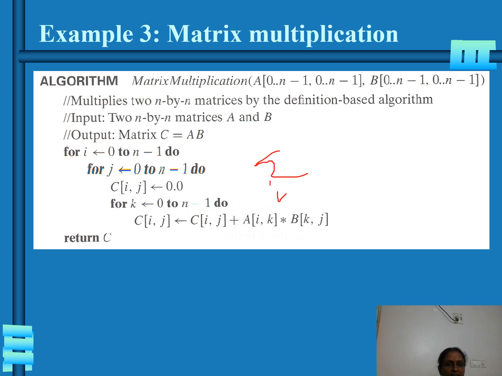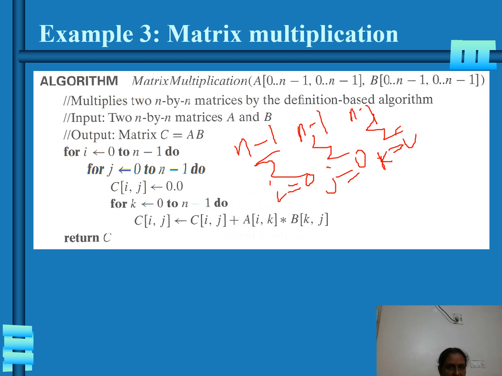The outer for loop i equal to 0 to n minus 1, the inner for loop j equal to 0 to n minus 1, and the innermost for loop k equal to 0 to n minus 1. Whenever it enters the loop, it performs the multiplication only one time.